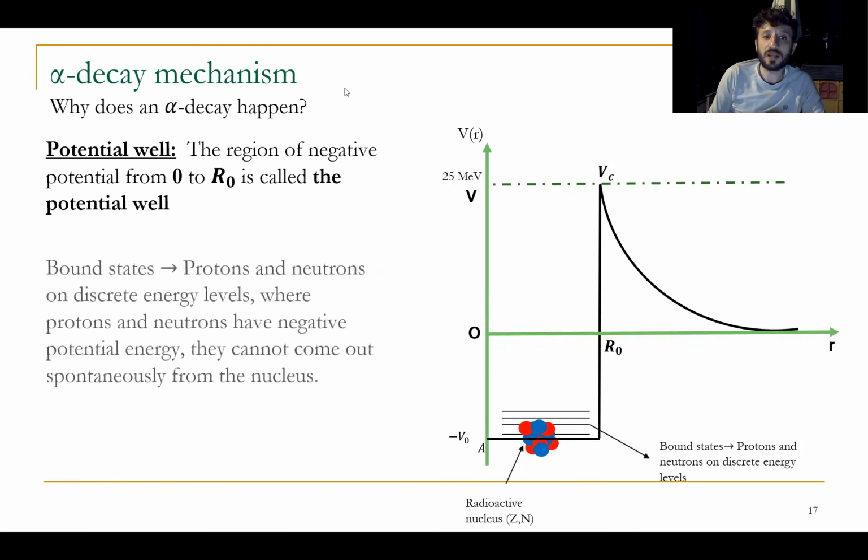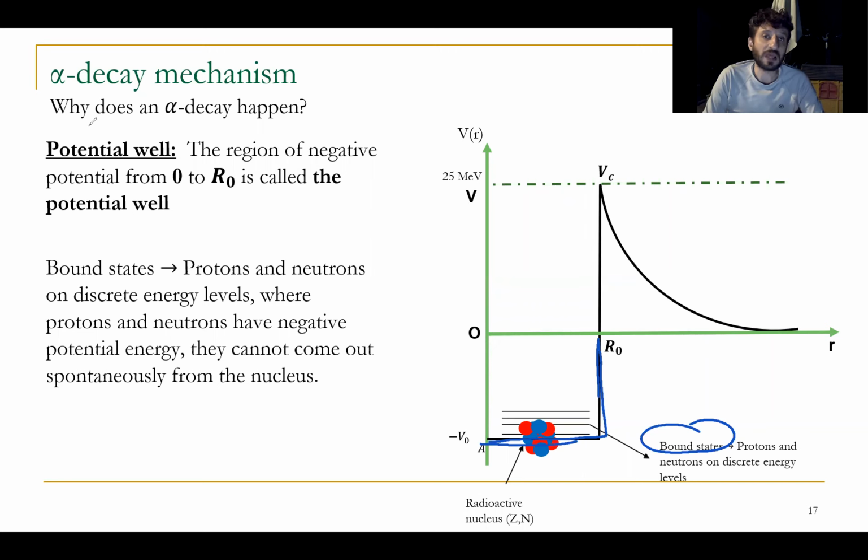The potential well, by definition, is the region of negative potential energy, where all the nucleons are in bound states. Inside the nucleus, we have protons and neutrons on discrete energy levels.